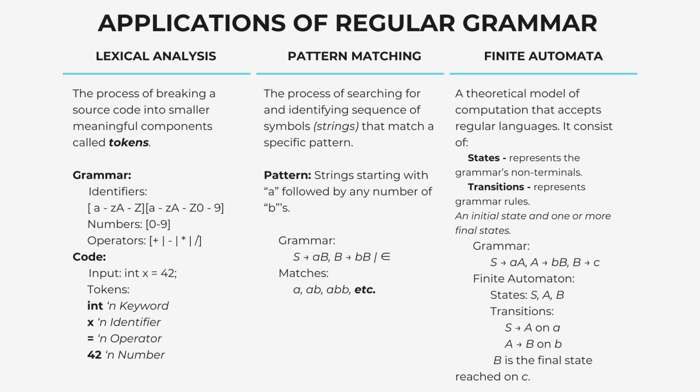The connection to regular grammar is that regular grammars can be directly converted into finite automata, like the right linear grammars into deterministic finite automata and the left linear grammars into non-deterministic finite automata.